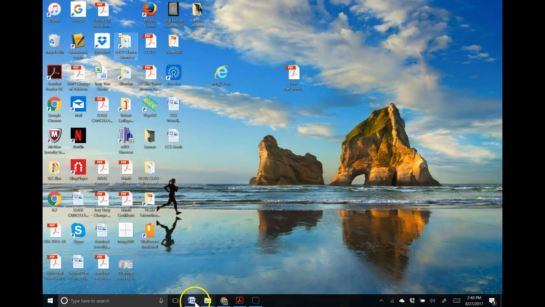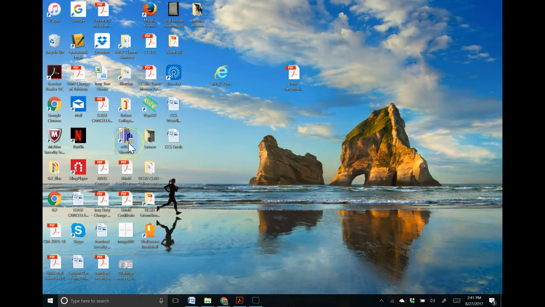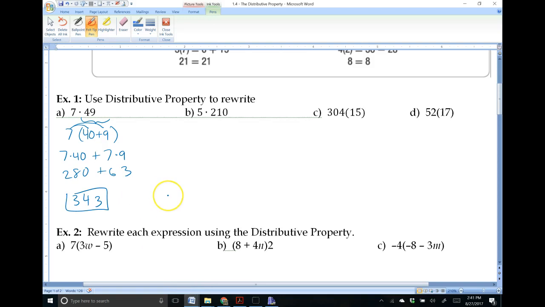You could put this in your calculator, see how it works out. Let me see, what's the status of my calculator here? So 49 times 7 is 343. Works out. I know it's fairly simple. You just got to show work for this one.